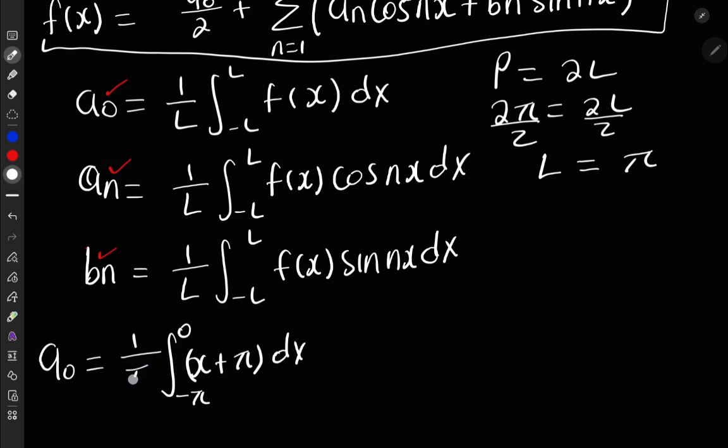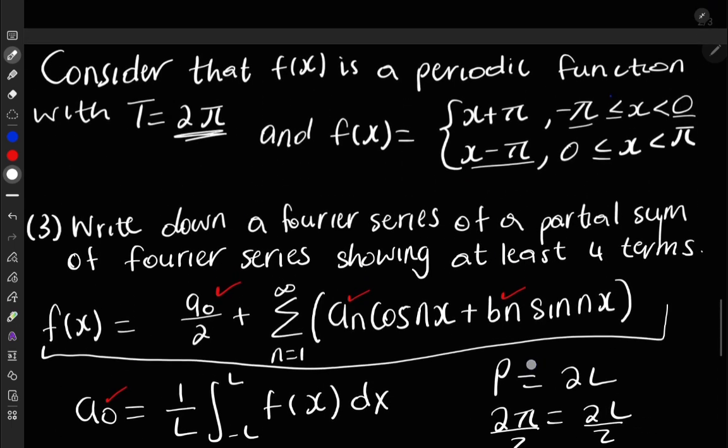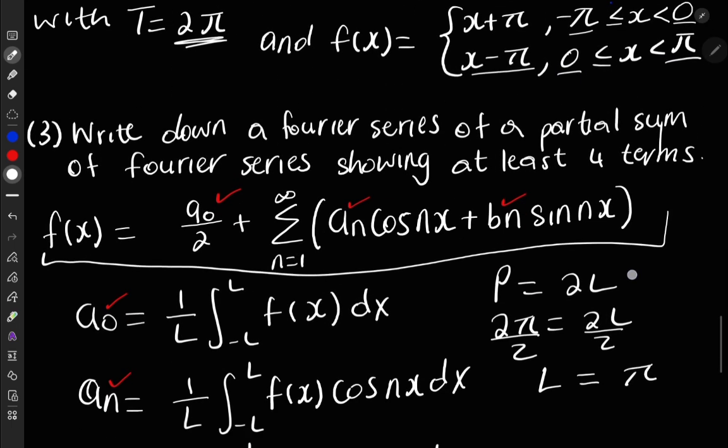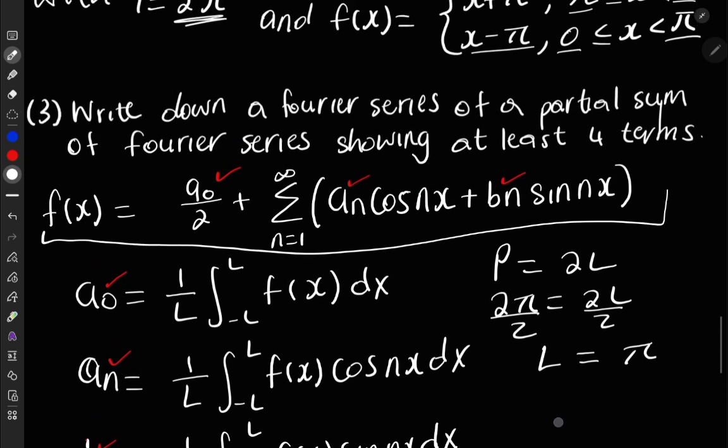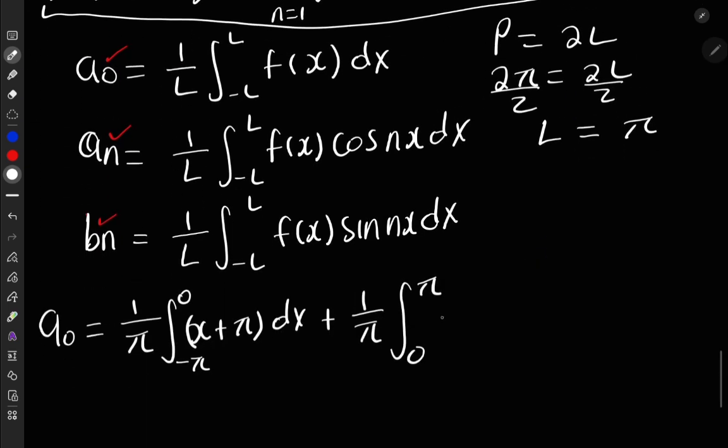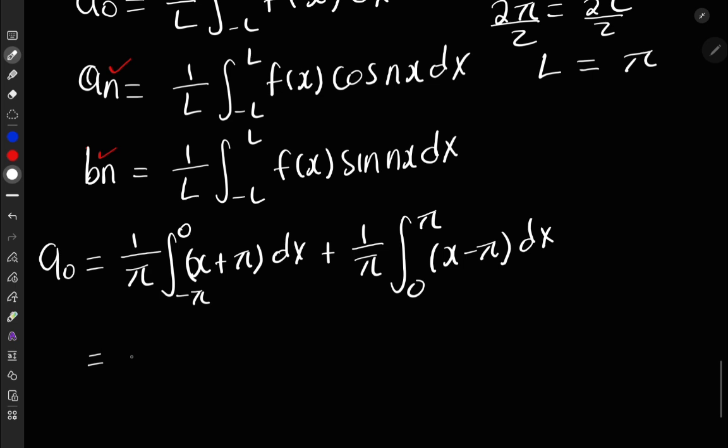We said L is going to be pi. And then plus 1 over pi, and the second one starts from 0 to pi, so 0 to pi, and it's x minus pi, dx.